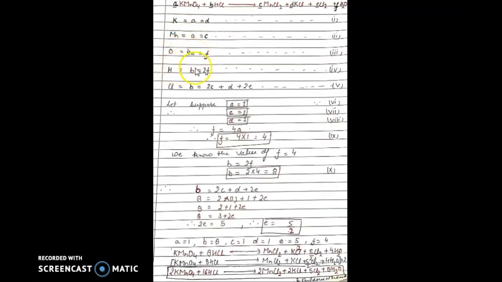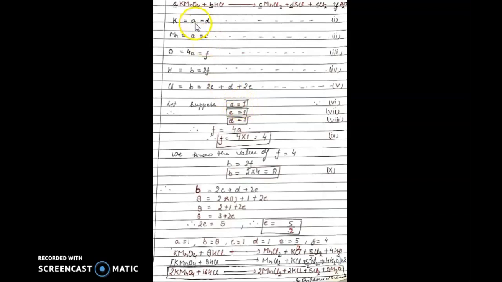Along with H, B is present, along with Cl, B is present. So 2 times B is present and 3 times A is present. Whenever this kind of situation is there, we take the letter coefficient which comes the maximum number of times and make it equal to 1. That means let's suppose A equal to 1.